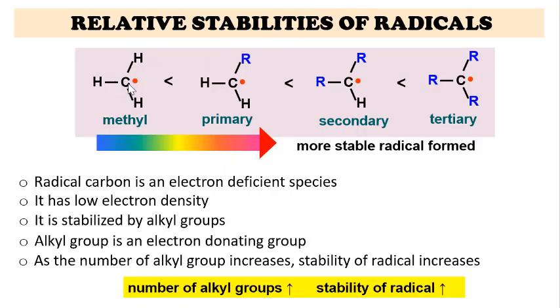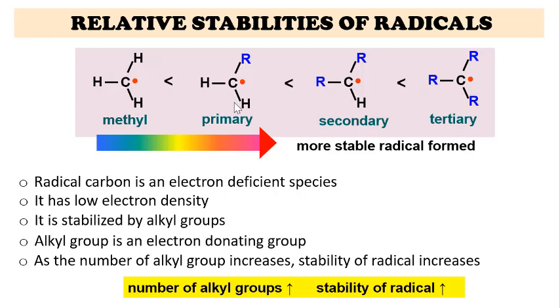When the carbon has one unpaired electron, we call it a carbon radical. Carbon radicals can be designated as primary, secondary, and tertiary, depending on the number of alkyl groups attached to the carbon atom that bears the unpaired electron. For example, here I have the methyl radical, because there is no carbon attached to this carbon radical.